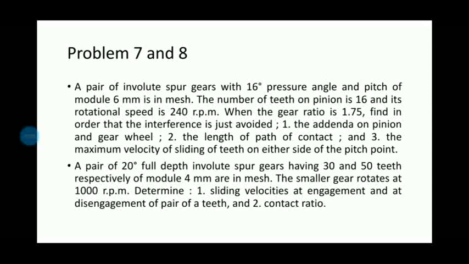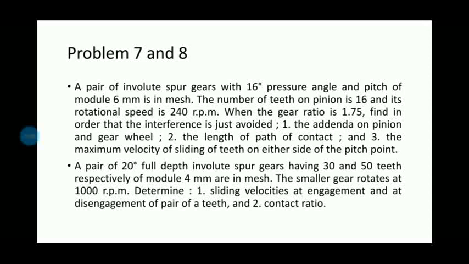Find, in order that the interference is just avoided, what you have to find is at the instant where interference is just avoided. So again that term is important. In many questions you may see that interference is just avoided. What does it mean?